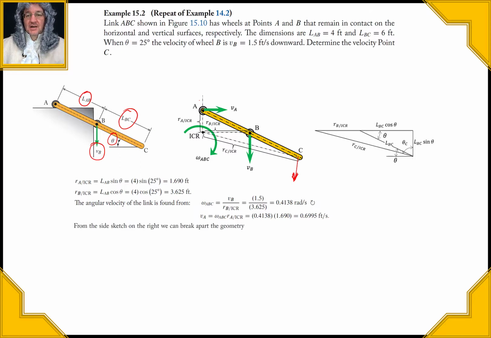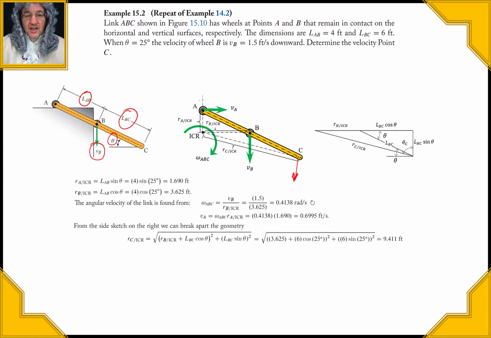Now, the way I did it is I drew another diagram over to the side because it was very cluttered in there, and I found that I have enough information to be able to find RC with respect to ICR. What I can do, as I've shown here, is take the square root of this length squared plus this combined length squared, and I'm able to find what this total length is going to be.